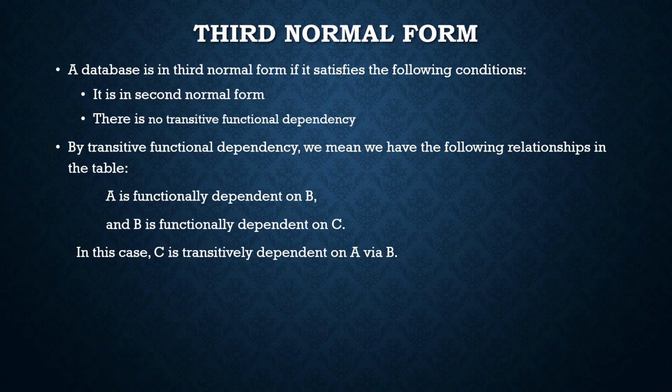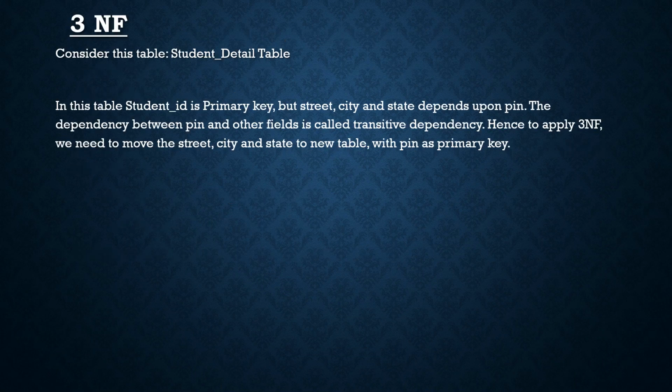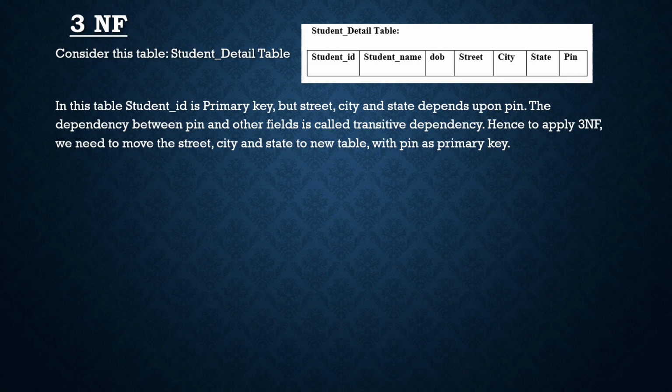If A is a table, if A is dependent on B and B is dependent on C, and in this case C is transitively dependent on A via B. See, in third normal form, you can consider this table, student detail table. In this table, student ID is primary key, but street, city, state dependent on PIN.